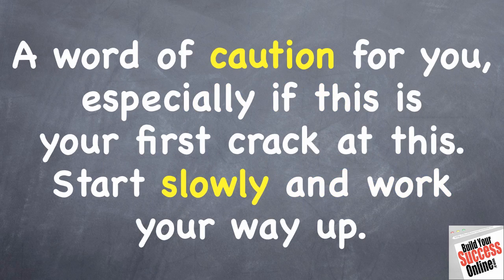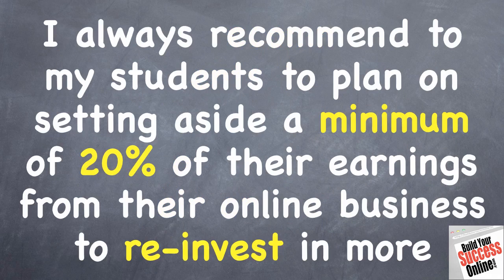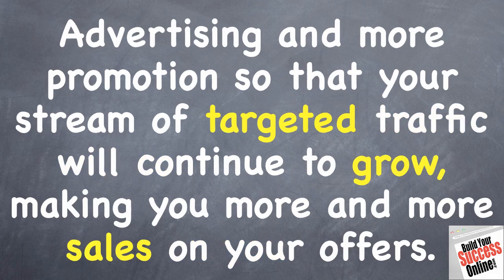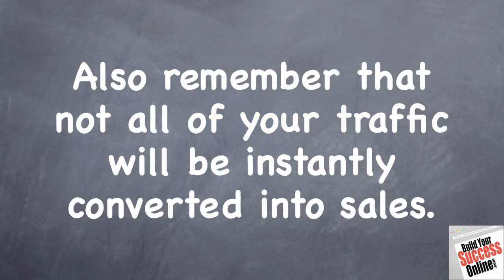Start slowly and work your way up. I always recommend to my students to plan on setting aside a minimum of 20% of their earnings from their online business to reinvest in more advertising and more promotion so that your stream of targeted traffic will continue to grow, making you more and more sales on your offers.